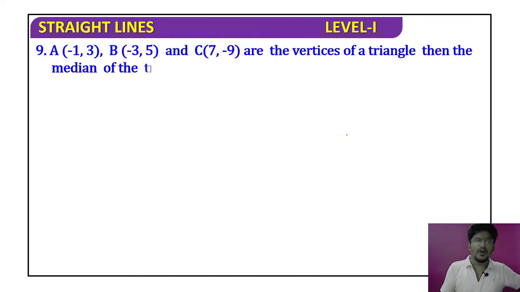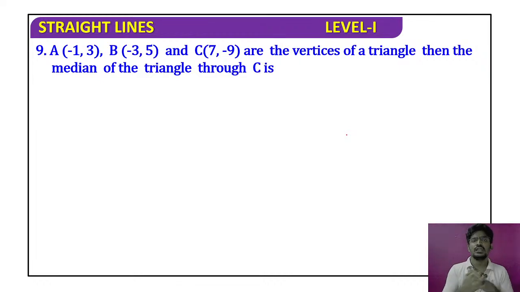Now let us go for problem number 9. See here, there is a triangle with the vertices A of minus 1 comma 3, B of minus 3 comma 5, C of 7 comma minus 9 are the vertices of the triangle.